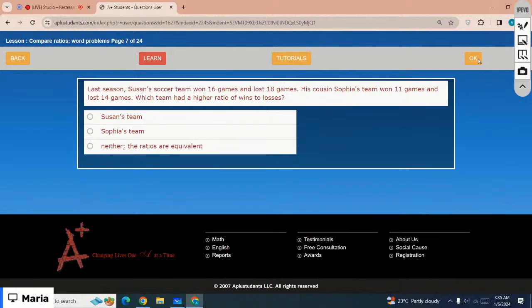Last season, Susan's soccer team won 16 games and lost 18 games. Her cousin's team won 11 games and lost 14 games. Which team had a higher ratio of wins to losses? So, which is the correct option?